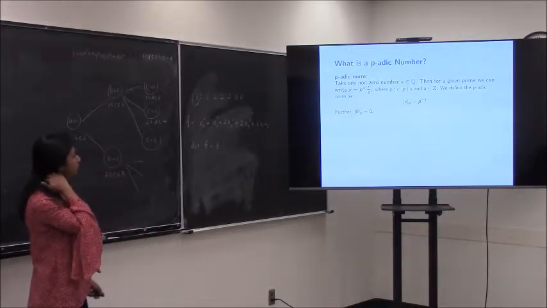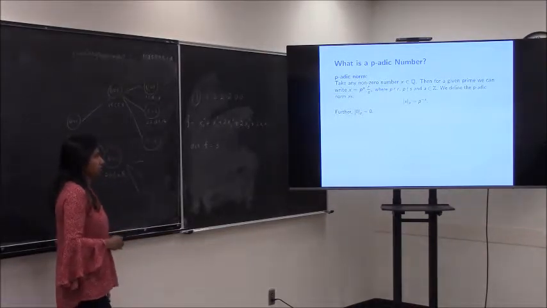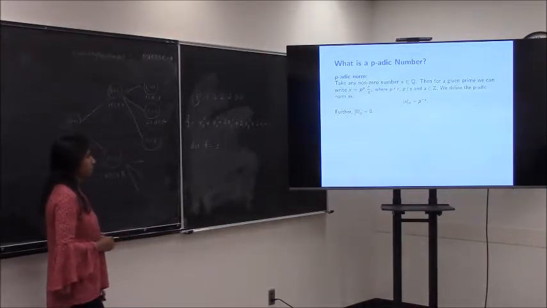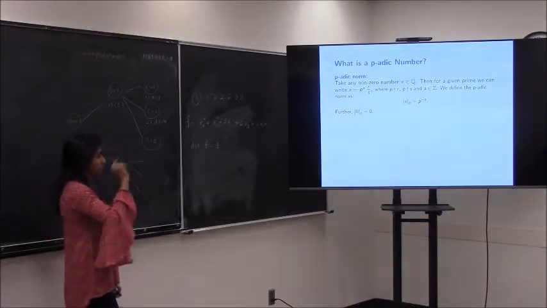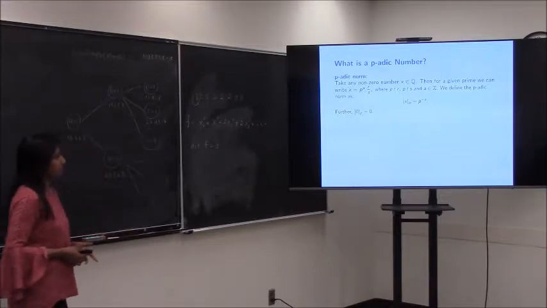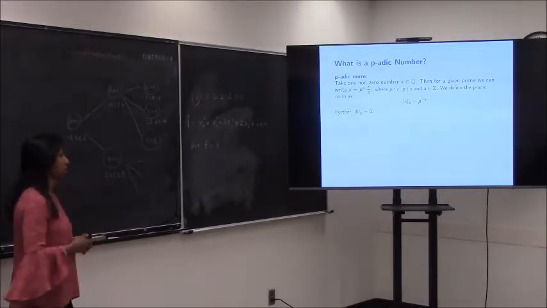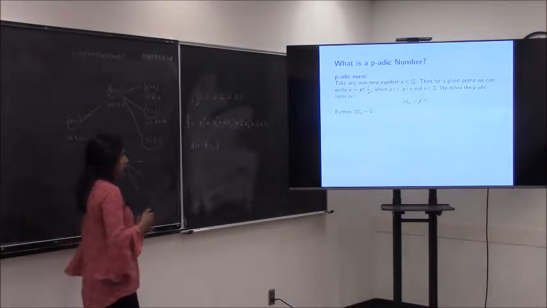When we take any non-zero rational number x, then for a given prime p, we can write x as a power of p times r over s, where r and s cannot be divided by p, and a is an integer.